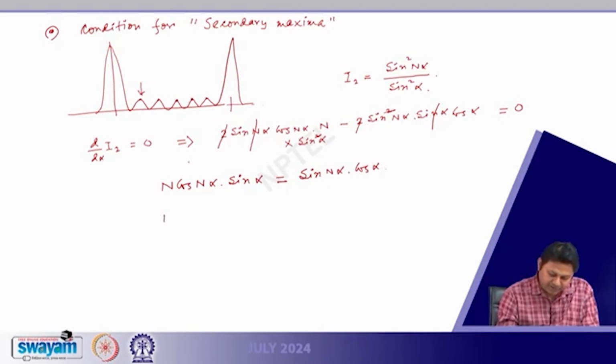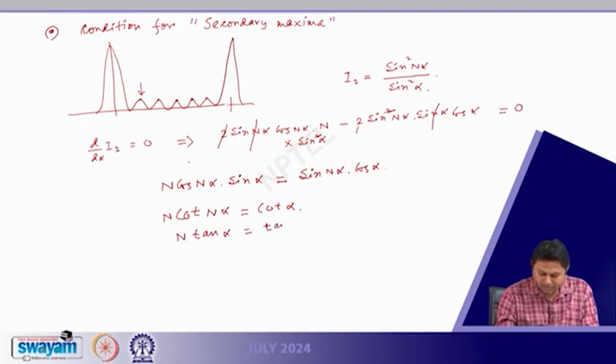That means we have the condition n cot n alpha equal to cot alpha, or n tan alpha is equal to tan n alpha. That is the condition we have.